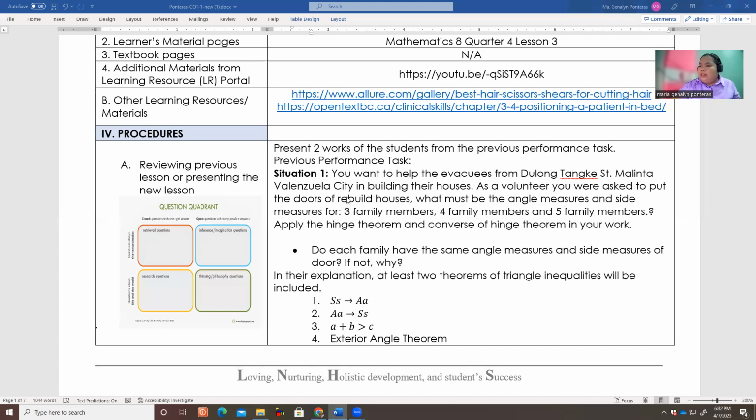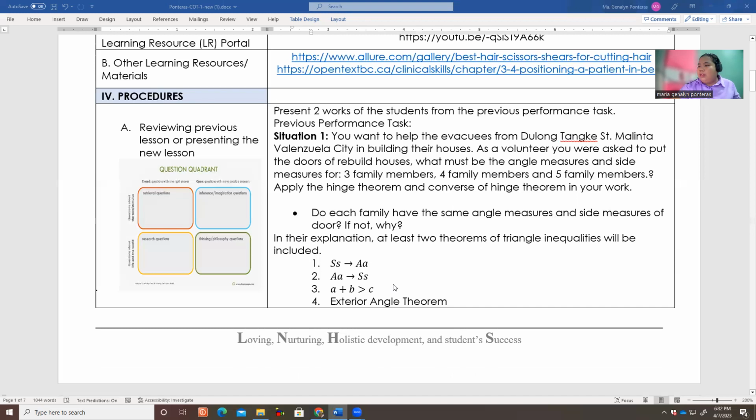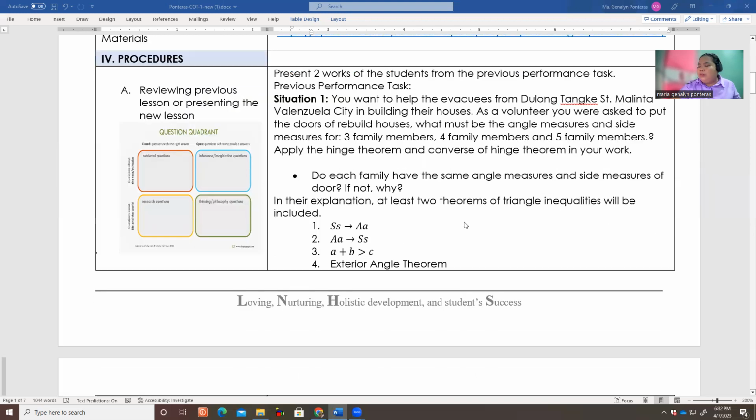Mamimili sila doon sa either door, window, or bubong. Do each family have the same angle measures and side measures of door or roof or window? If not, why? In their explanation, they must include at least two triangle inequality theorems.